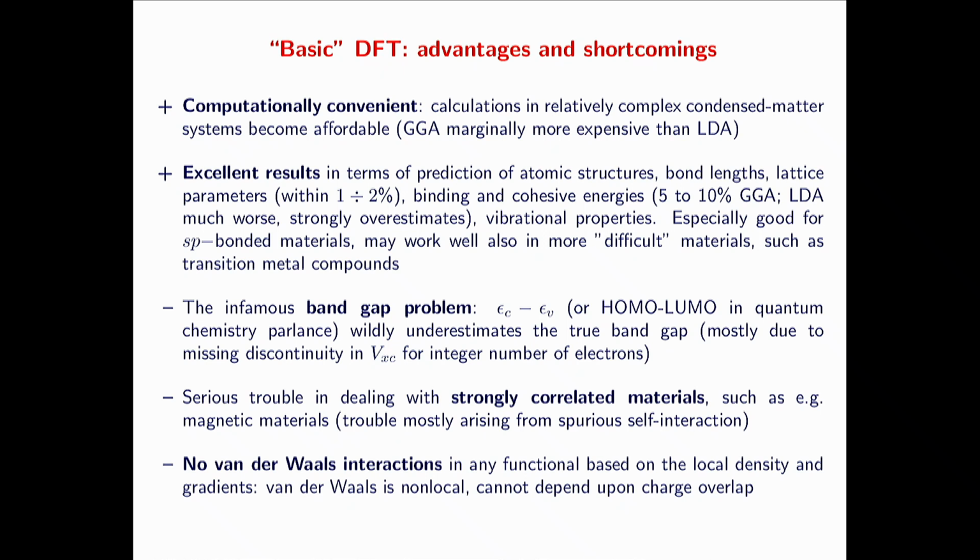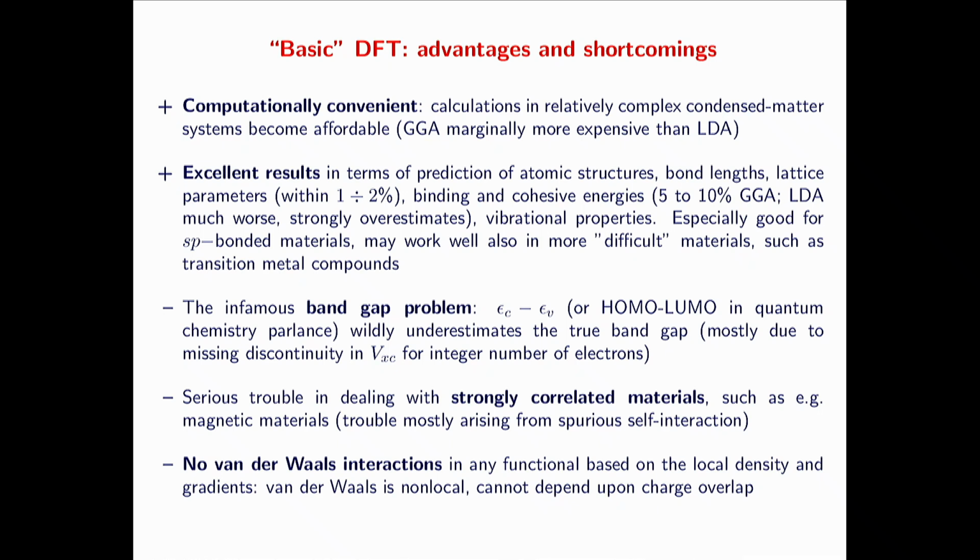So you can do quite complex cases with plain DFT, LDA, GGA. And the results are actually good, especially for weakly correlated semiconductors, but also for more difficult materials like the oxides I've shown before. Structural properties come out quite well, with quite satisfactory accuracy.